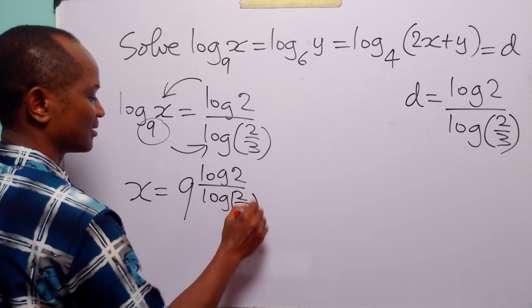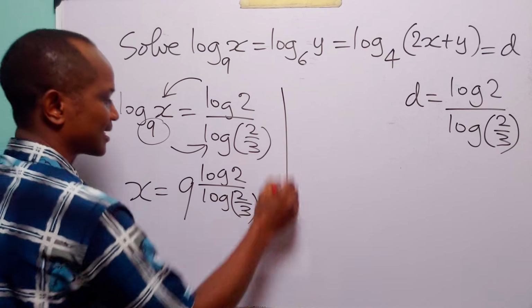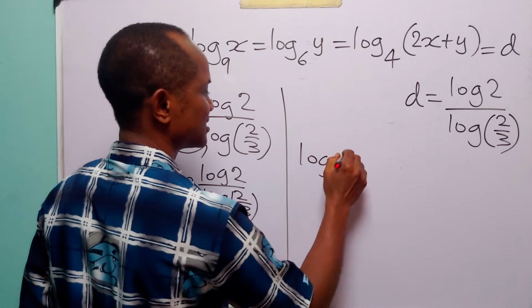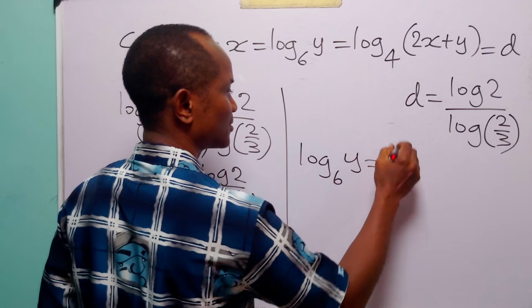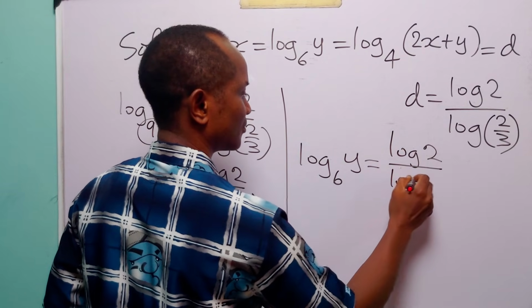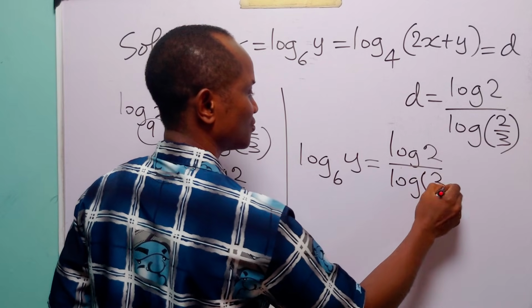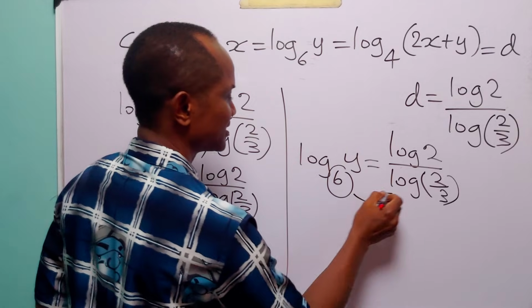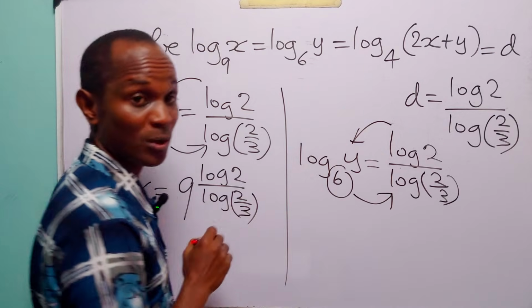And exactly in the same way, we have that log to base 6 of y is equal to log 2 over log of 2 over 3. Once more, this simply means that 6 to this power is equal to y.